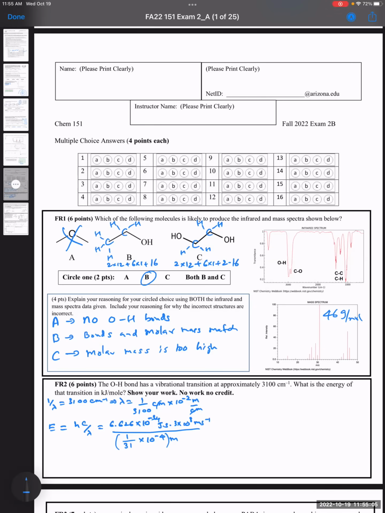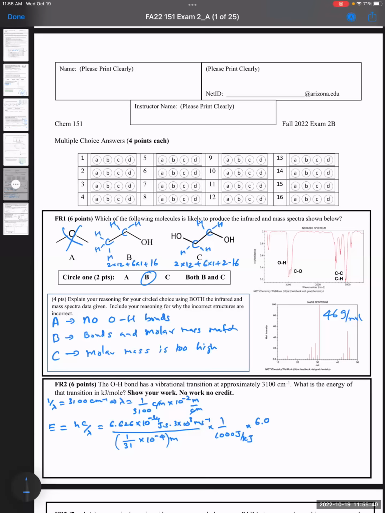And then the question is asking you to calculate the energy in kilojoules per mole. So to do that, you need to divide this by 1,000 to convert this to kilojoules, because that's how many joules you have in a kilojoule. And then you need to multiply this by Avogadro's number, because that's going to give you the energy of 1 mole of photons.